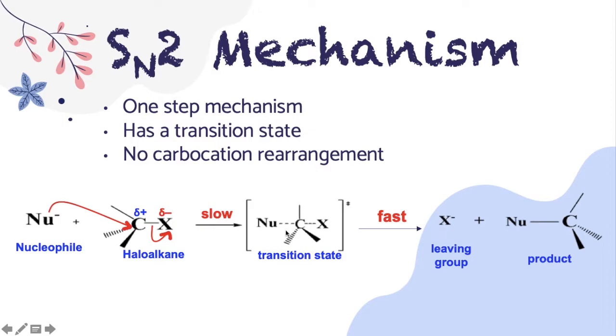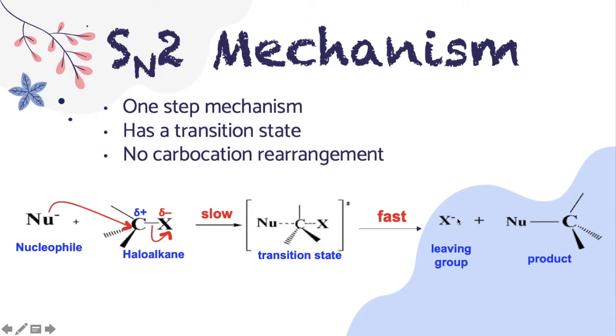The transition state is where the nucleophile is about to form a bond with carbon and the carbon-halogen bond is about to break. So this is called the transition state. Then the halogen leaves from this transition state, which is a fast reaction.